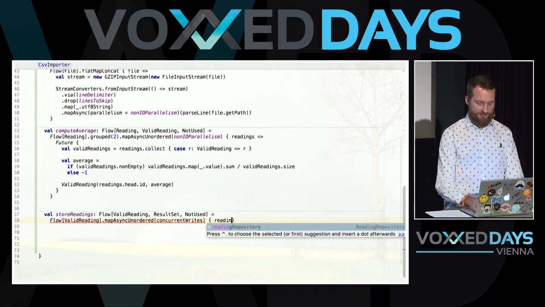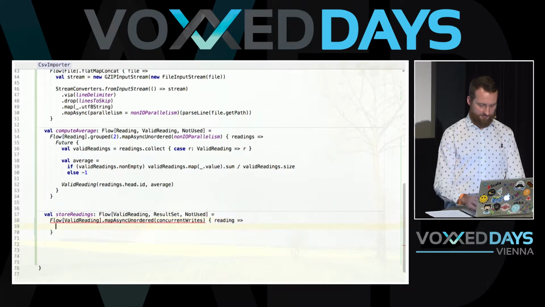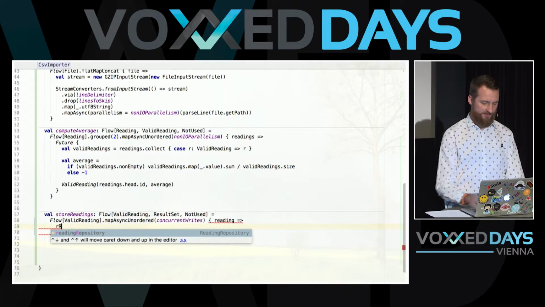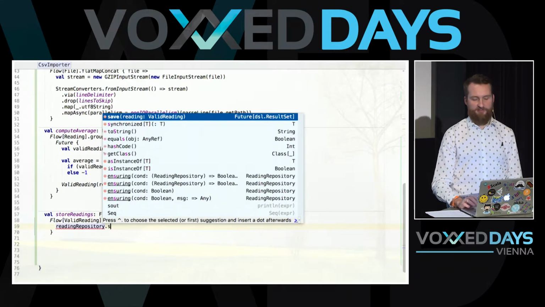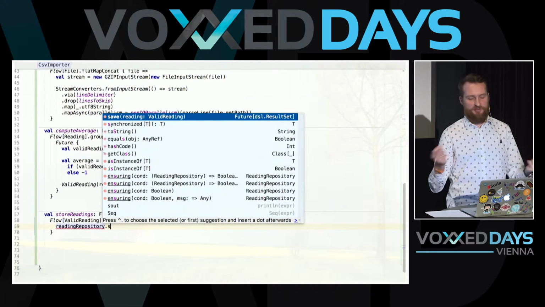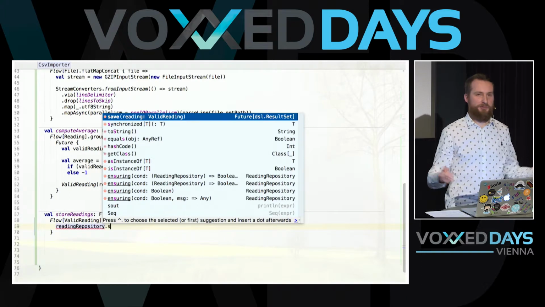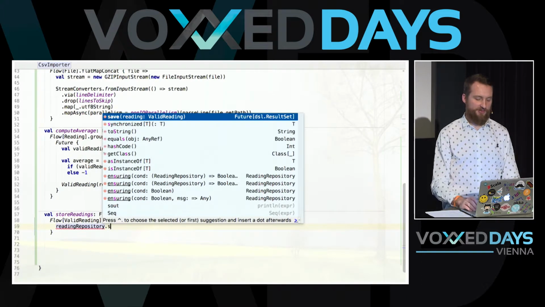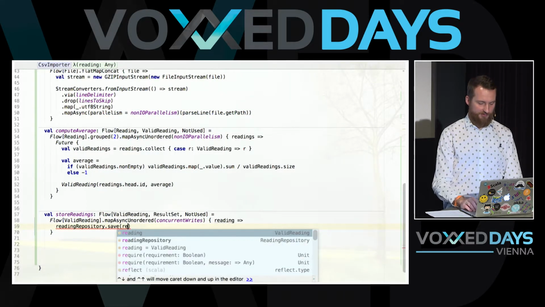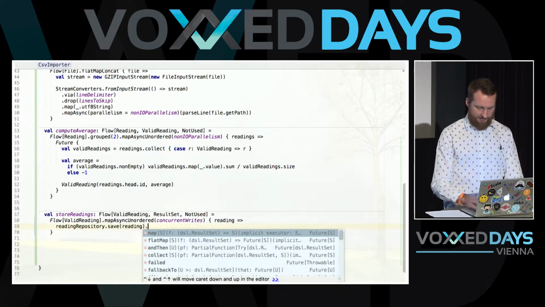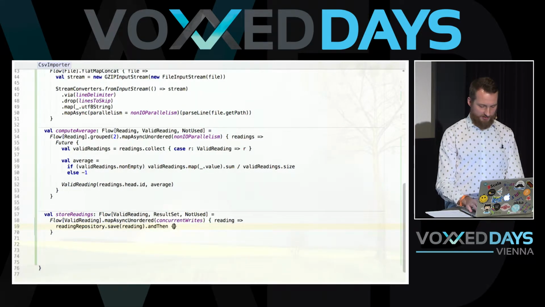Here we get a single reading. And we have something called reading repository that has a save method. The save method takes a valid reading and returns the future of the result set. So that's everything we need to know about it. Under the hood, it stores the value to a local Cassandra instance. So we're going to save the reading, and then we'll just do some logging.